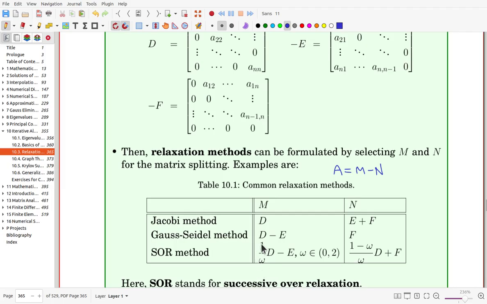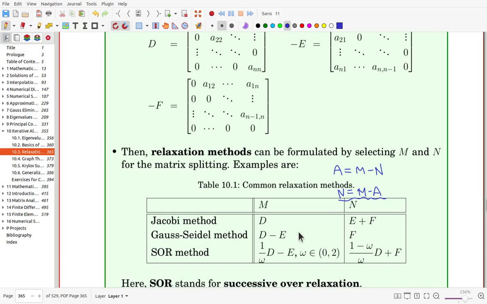So (1/ω)D plus the lower portion is chosen for M. And once M is chosen, N is the same as M - A. From this equation, you can find N. So these are coming from this equation.